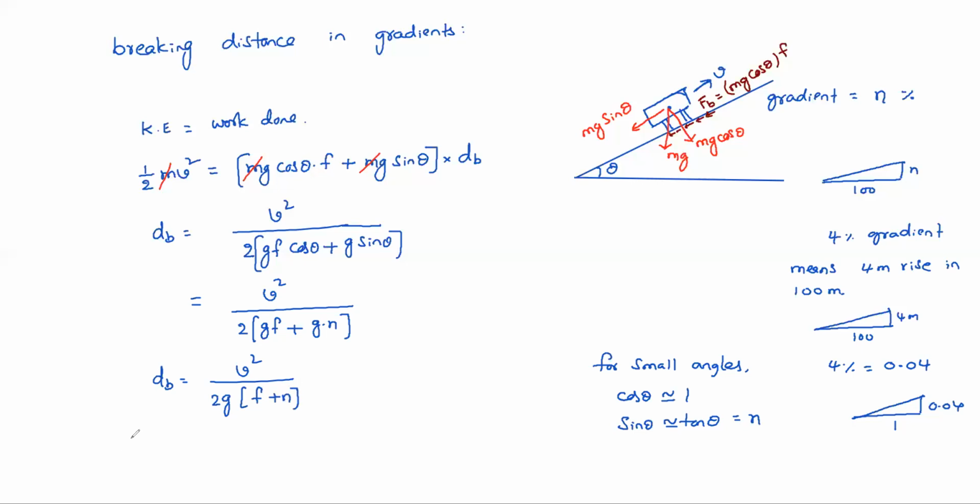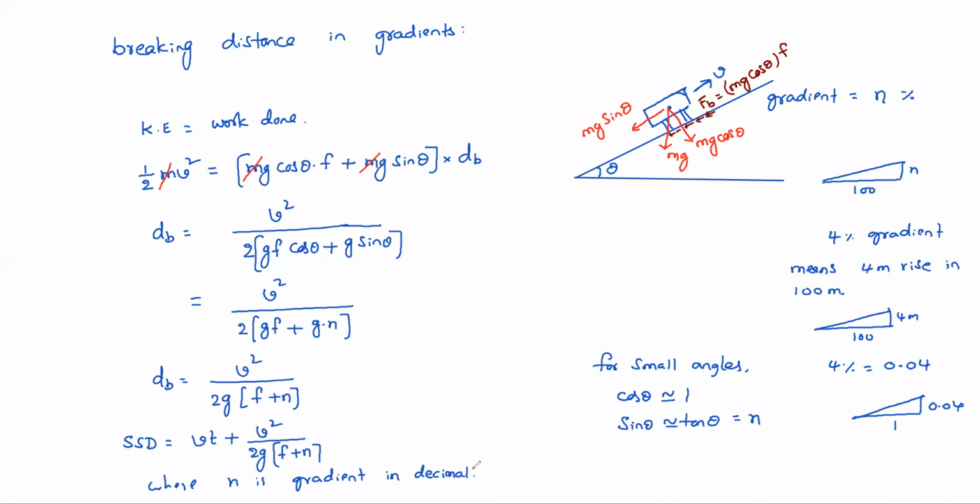Now SSD equals Vt plus v square by 2g (f plus n), where n is the gradient in decimal format, like 0.04. 5% means 0.05.